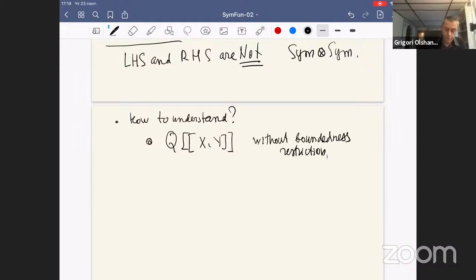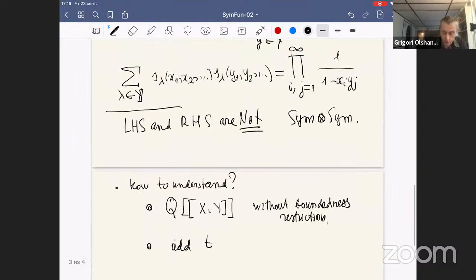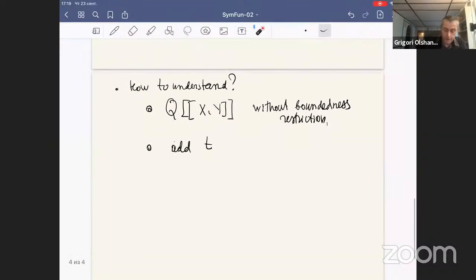This is one option. Another option is to introduce an auxiliary variable t into this formula. This can be done as follows.